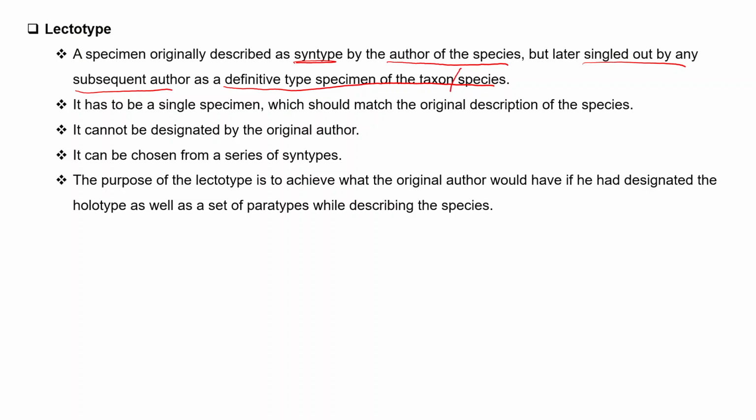Then that will be called a lectotype. So a lectotype has to be a single specimen which should match the original description of a species given by the original author.